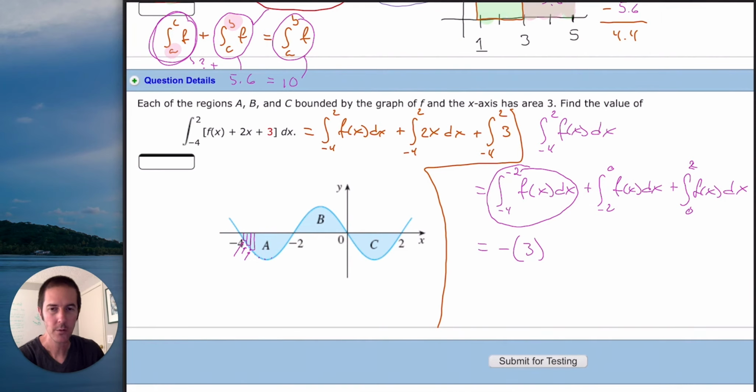And then the next integral going from -2 to positive 0. Put my plus sign so that it lines up with that one. This is a +3, and then my next plus sign lines up, and then be careful, that's -3 again because region C is below the x-axis, and we add those up to get -3.